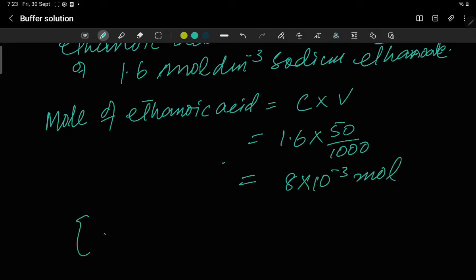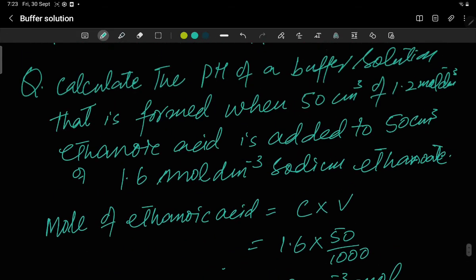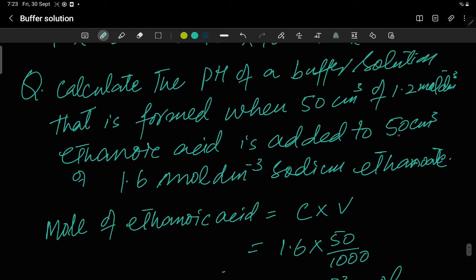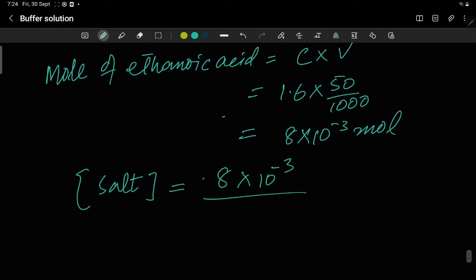And the concentration of salt is equal to the moles over the volume. Because 50 centimeter cube and 50 centimeter cube gives a total of 100 centimeter cube, the volume divided by 1000 gives 0.8 mole dm inverse cube.